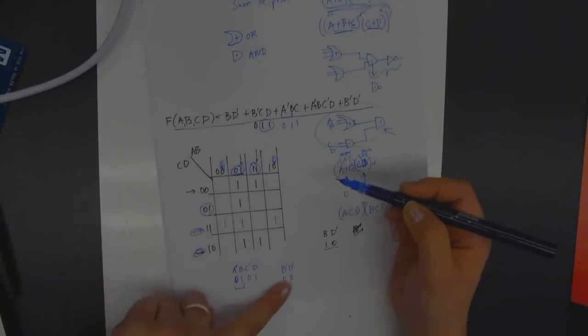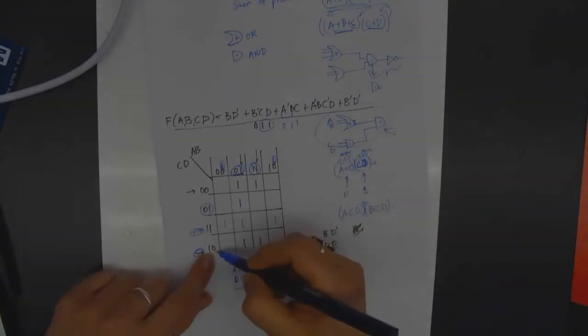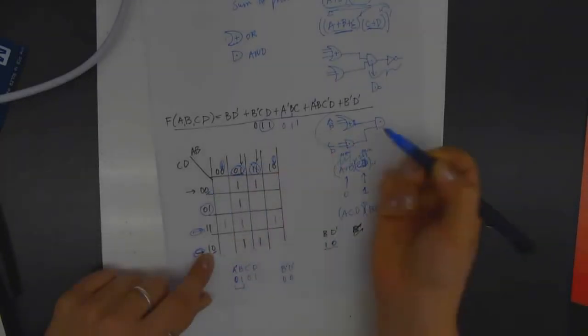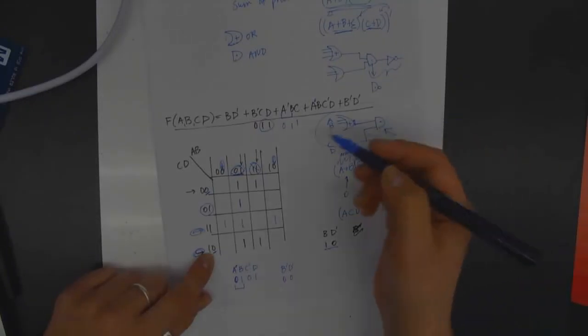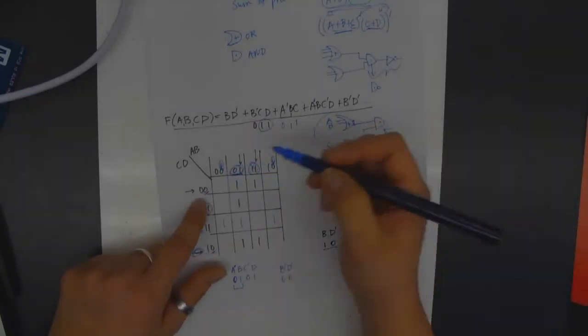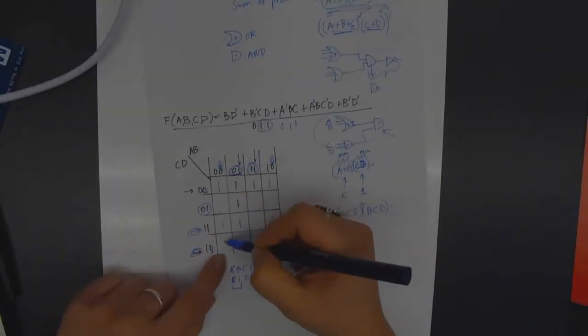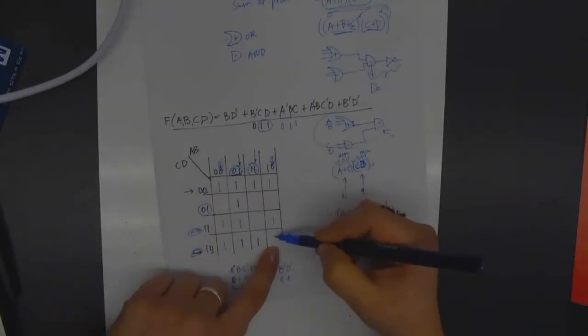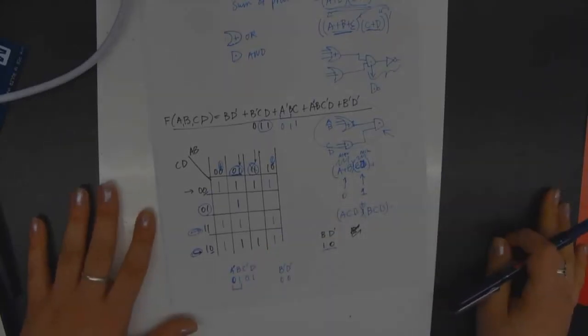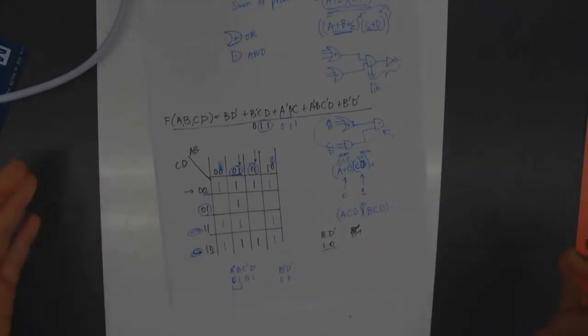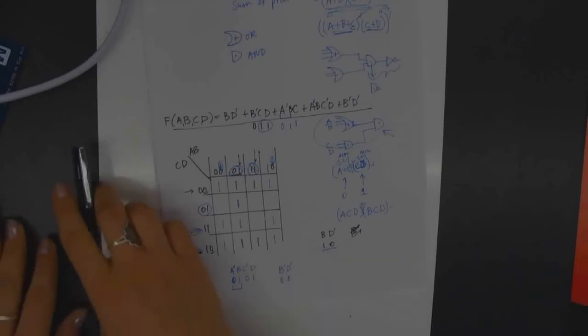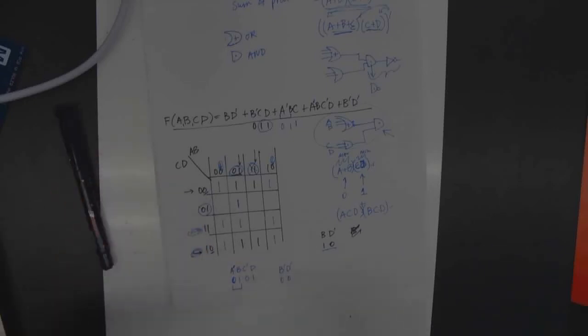And then D is a 0 here and here. Right? So that would give us this guy, this guy, this guy, and this guy. Cool. So then you can go from here and actually make your circles.